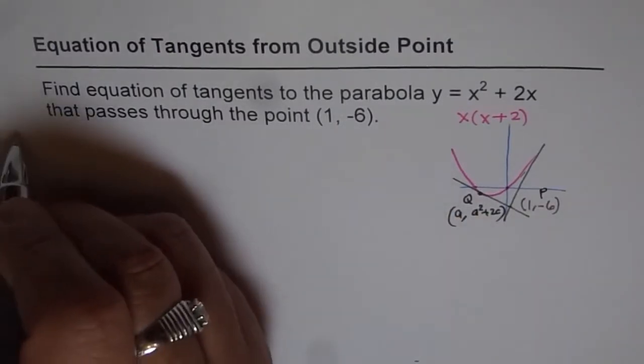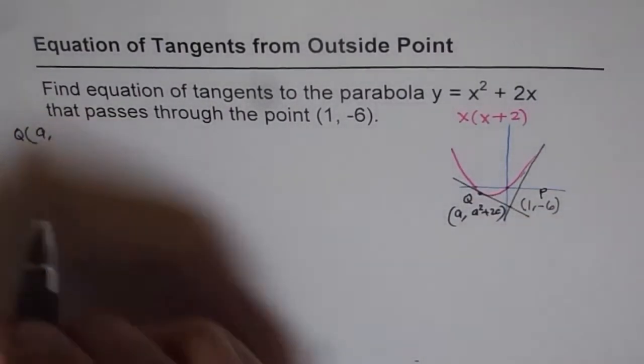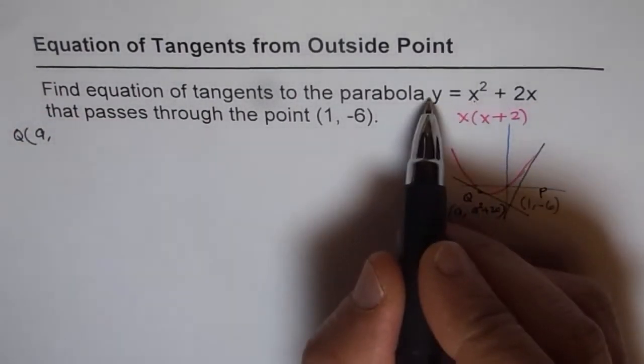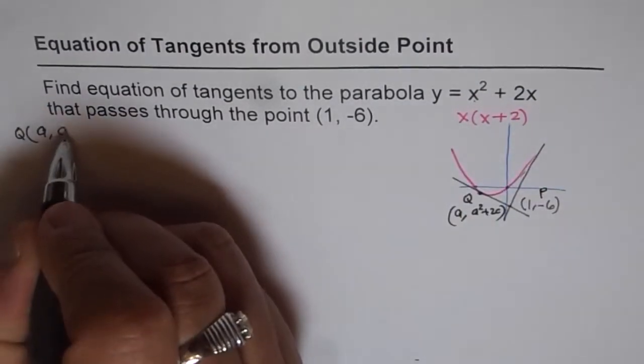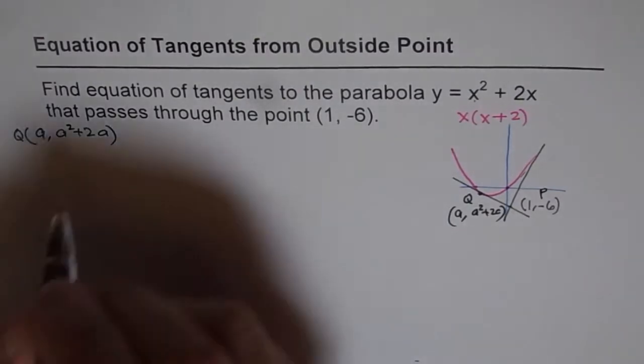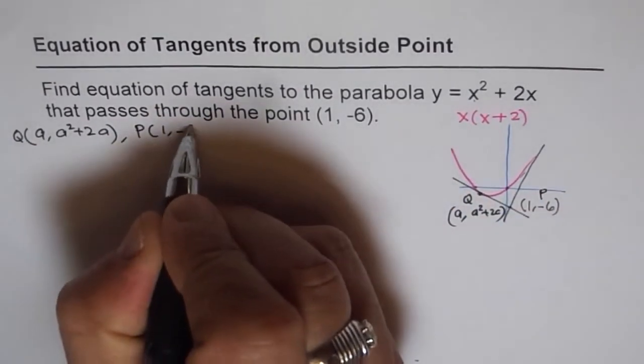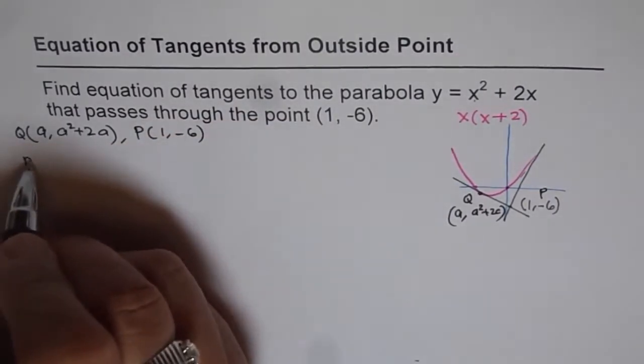So let's assume that the point Q on the function has x equal to a, and since x is a, the y value will be a squared plus 2a, right? A squared plus 2a. That's the point Q for us. And point P is given to us as (1, -6). So what is the slope between these two points?